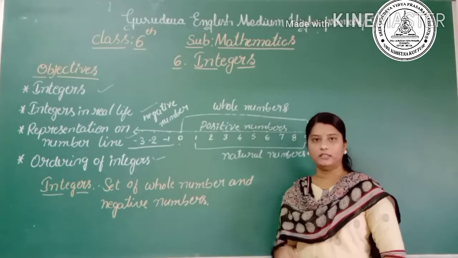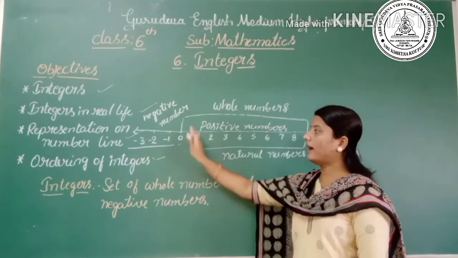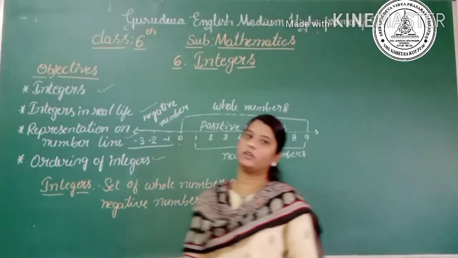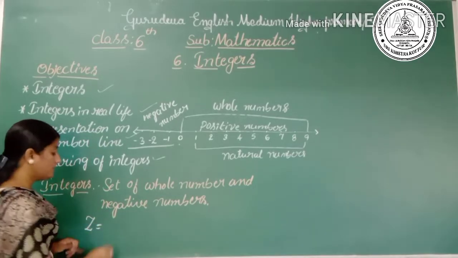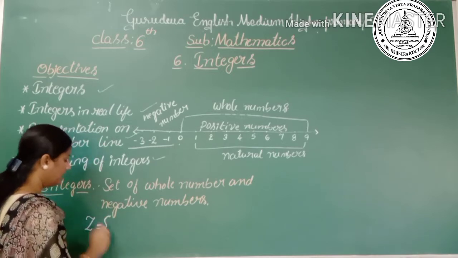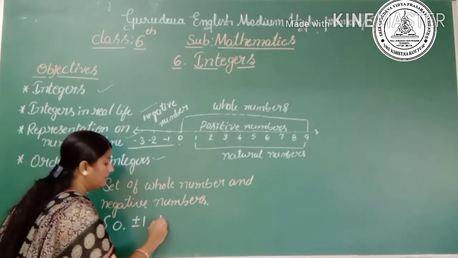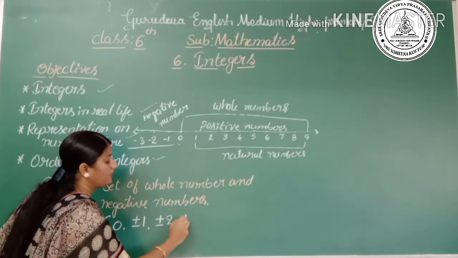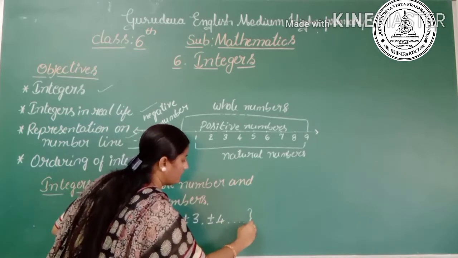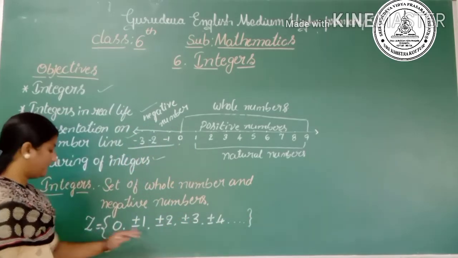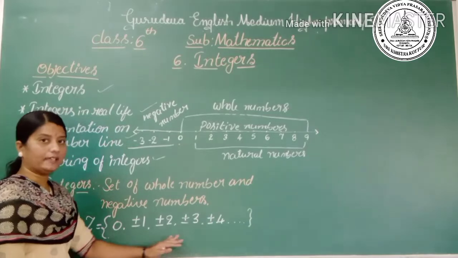The integer set is represented by the capital Z, which includes 0, plus and minus 1, plus and minus 2, plus and minus 3, plus and minus 4 and so on. It includes 0 along with the positive numbers and negative numbers.